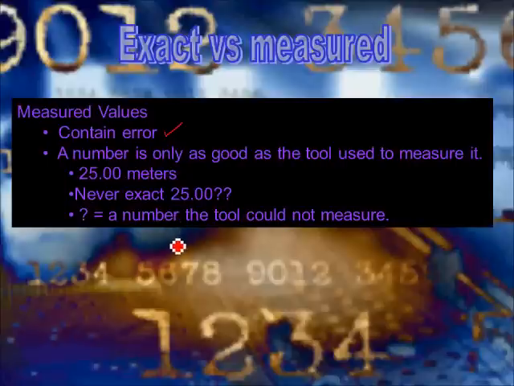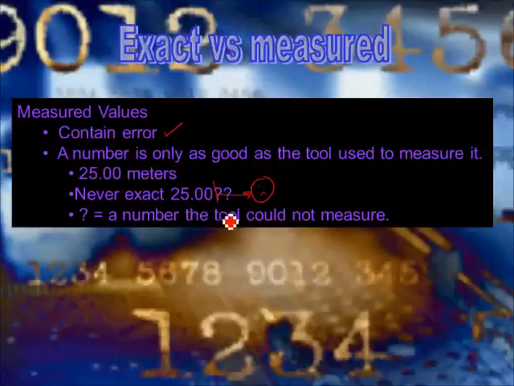At some point, the tool runs out of accuracy, and therefore you have some error inherently. It could be small, but there's some sort of unknown there. A number is only as good as the tool used to measure it. So, for example, 25.00 meters is never exact. You can never have an exact 25.00000000. Eventually, your tool runs out, and the numbers beyond it you just don't know.